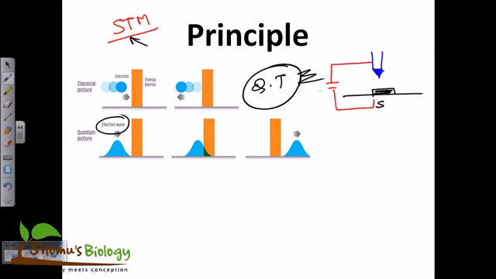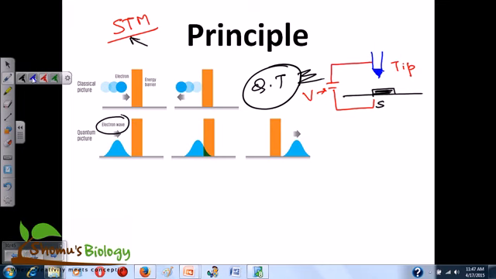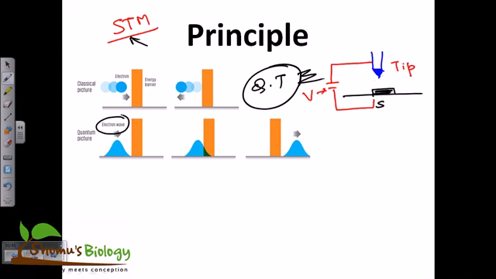If we add a particular voltage between this tip and the specimen, electric current starts to flow between them. That is the idea. Due to this voltage between the tip and sample, current starts to flow from the tip to the specimen, right? So this is the idea.